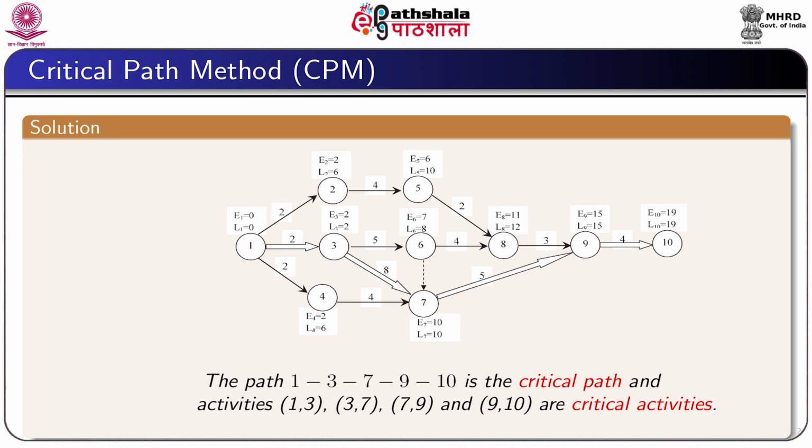That is why this path is called the critical path, and the path is shown by the double line arrows, and the other paths except the path 1, 3, 7, 9 and 10 are called non-critical paths.